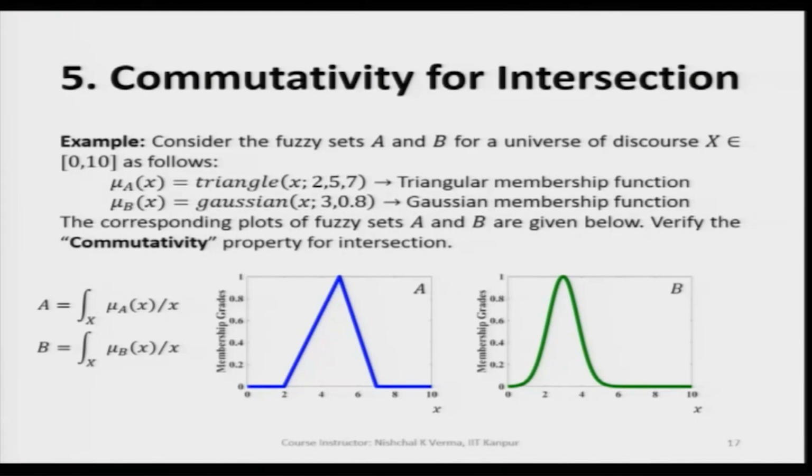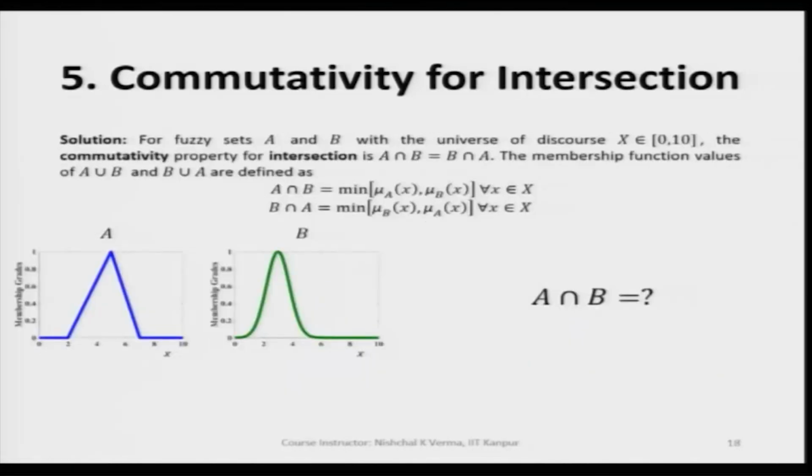We have taken the same example here also. When we take A intersection B using this condition, we take the min of all membership values corresponding to the generic variable values for fuzzy set A and fuzzy set B.